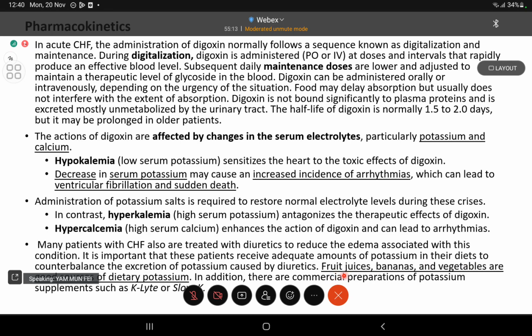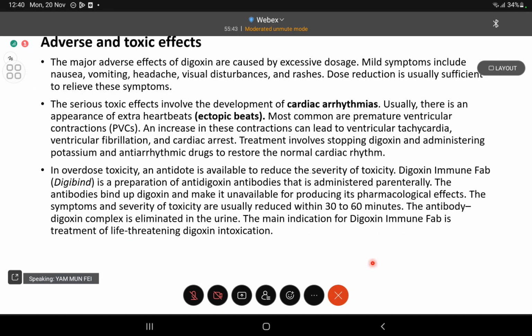Fruit juice, especially banana or other vegetables, because nowadays people like to blend vegetables together with fruit and drink such juice, isn't it? So you might introduce high potassium, hyperkalemia, to the patients. So bear in mind. When you take these drugs, normally you try to avoid food that has a high content of potassium.